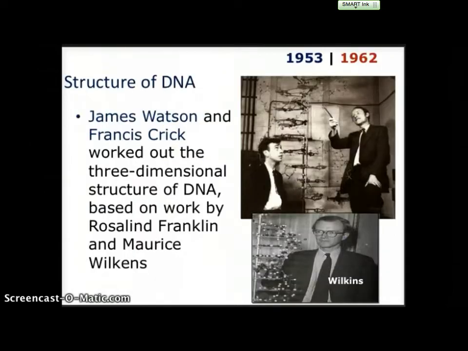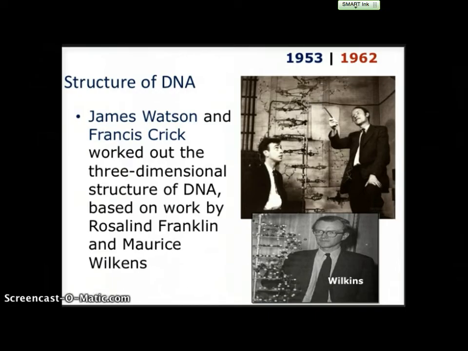The structure of DNA is credited to two scientists, James Watson and Francis Crick, who worked out the three-dimensional structure of DNA. They actually did this by creating cardboard cutouts that they fit together to figure out the shape, and you can see here their model of the DNA structure.